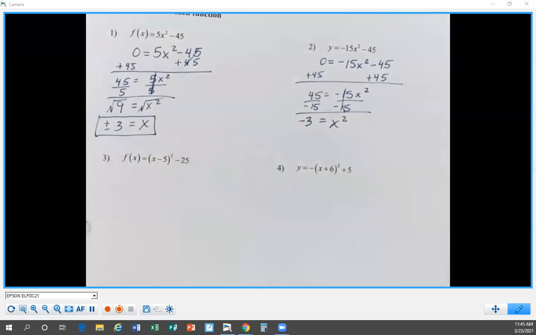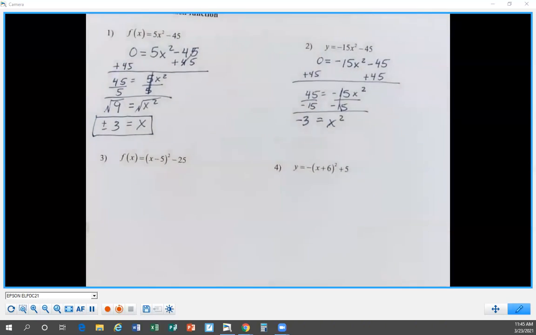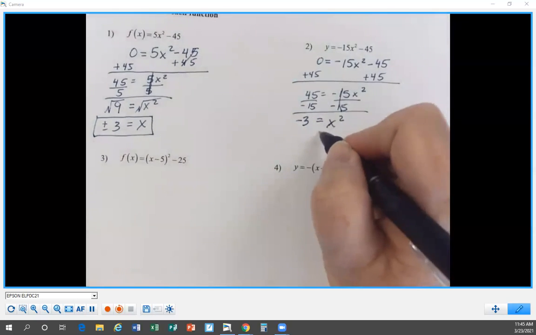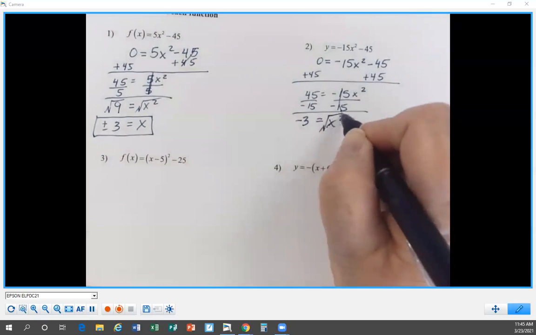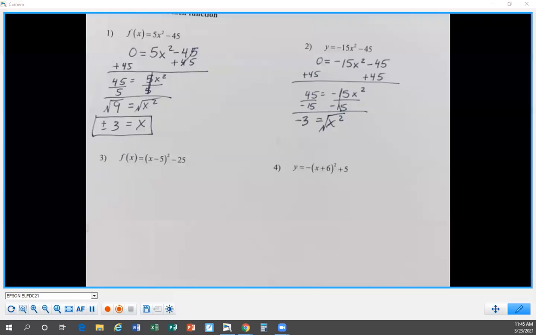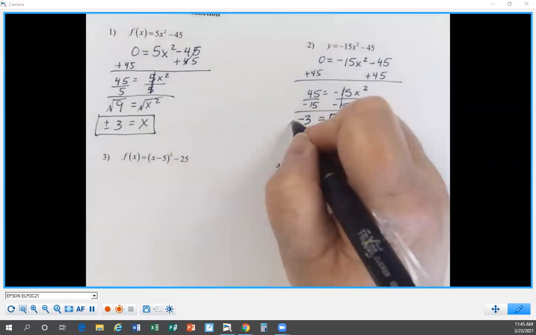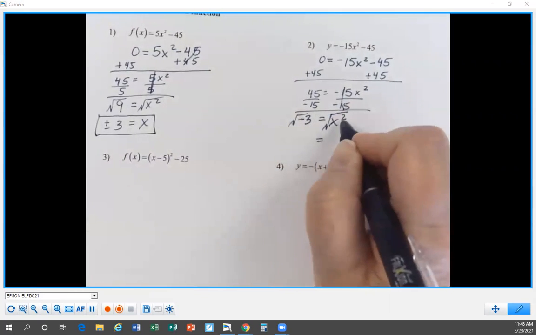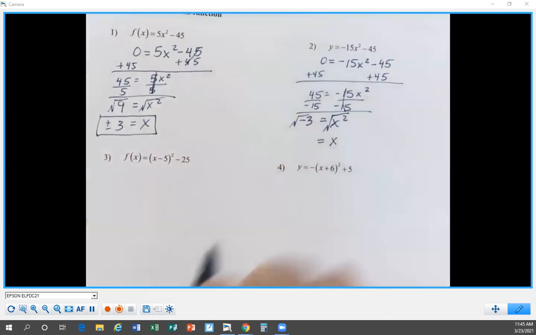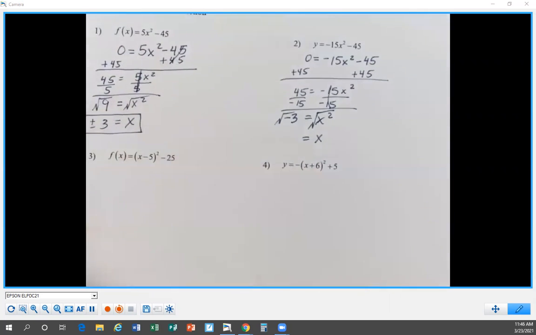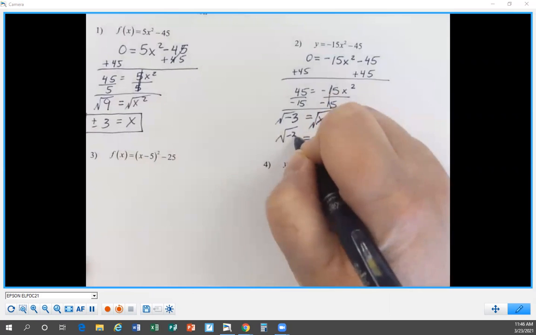If I were to go one more step further to solve this, I would take the square root of both sides. What is the square root of x squared? x. No problem. What is the square root of negative 3?